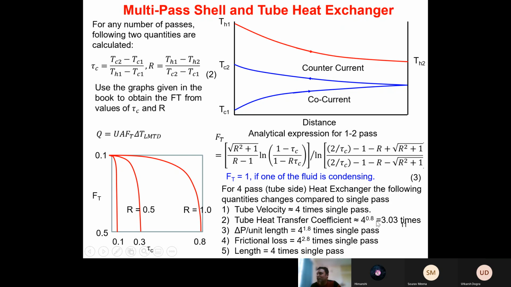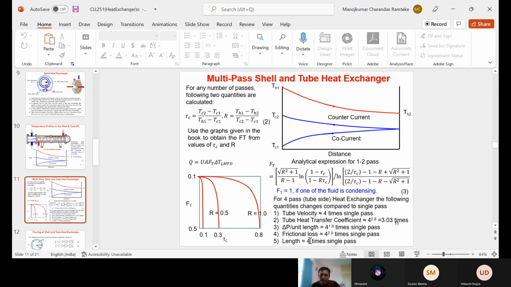In a 2 pass, 2 raised to the power 0.8. Delta P by length will be what? 2 raised to the power 1.8. Here this 4 is coming because 4 passes are used. But if you are having a 2 pass instead of this 4, it will be 2, isn't it? Is it clear to everyone? Yes, sir.